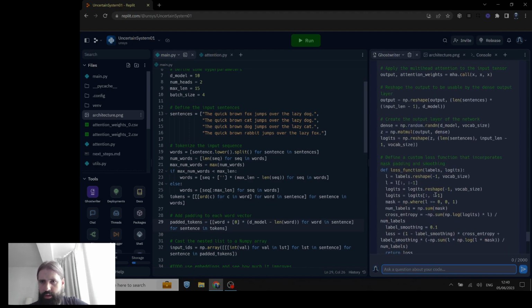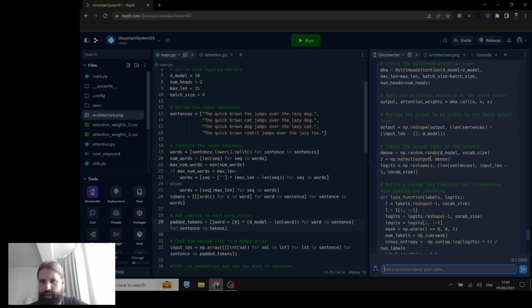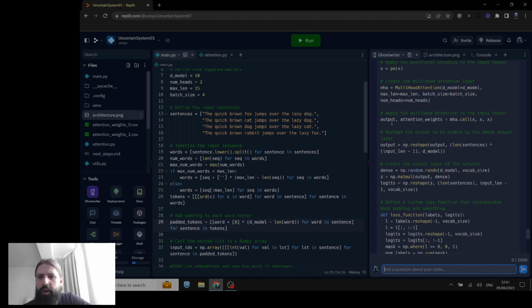Because what is happening here is create the output layer of the network, vocab size, reshape the output to be usable by the dense output layer. So you have the output. It's still using the same thing.